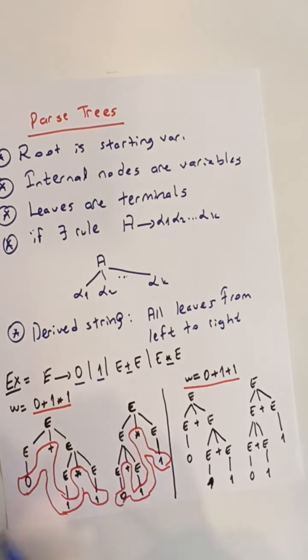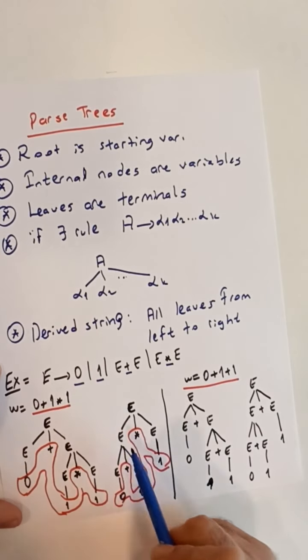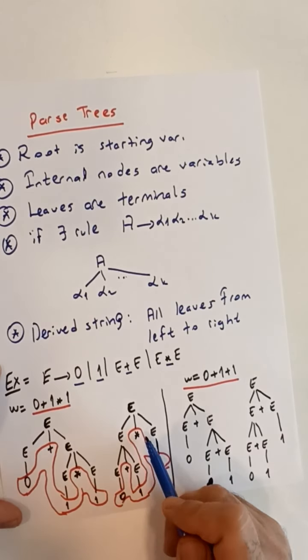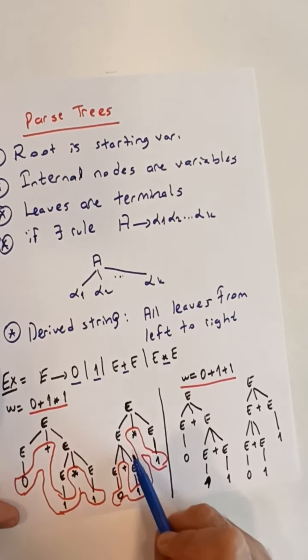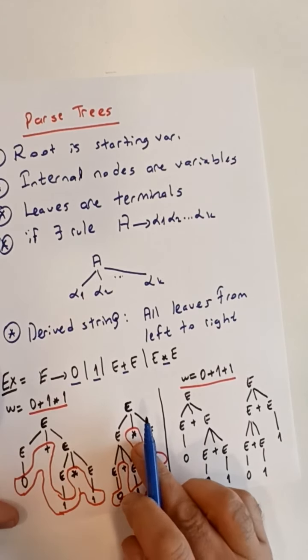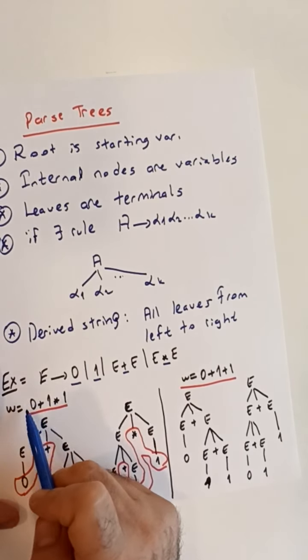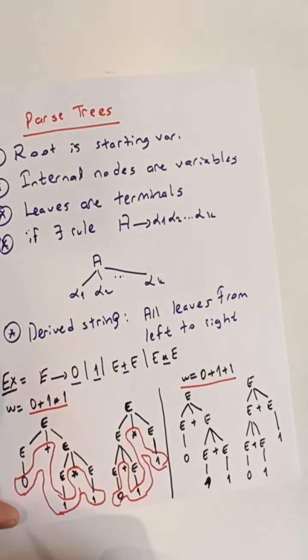So we first multiply by 1 and then add 0 to the result. Whereas in the second parse tree, we first execute the addition operation and then the multiplication operation. According to this parse tree, we first execute 0 plus 1, afterwards we multiply it with 1.